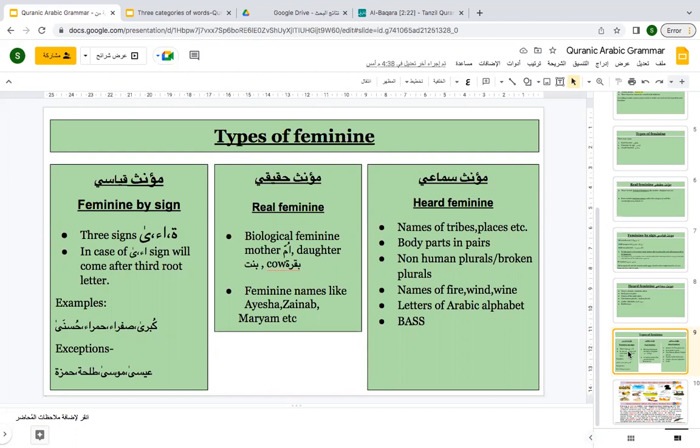When it comes to human broken plurals, they have more openness in the sense that they can be treated either way, and there's a reason why it is done. But since we are not quite there yet, if you only know that your broken plurals can be treated as feminine, it's enough for this stage.